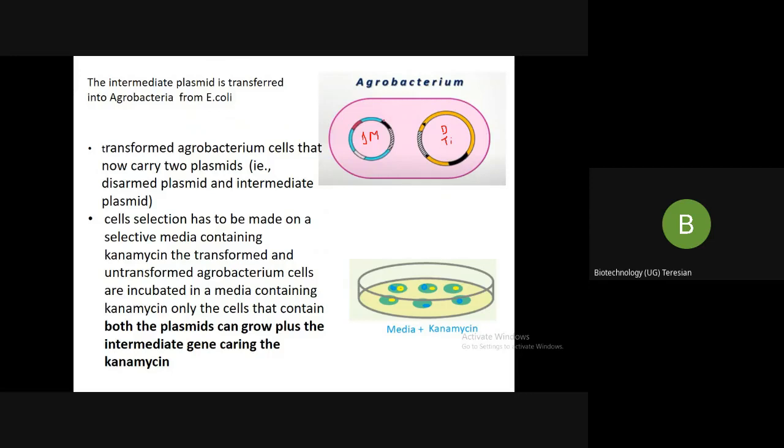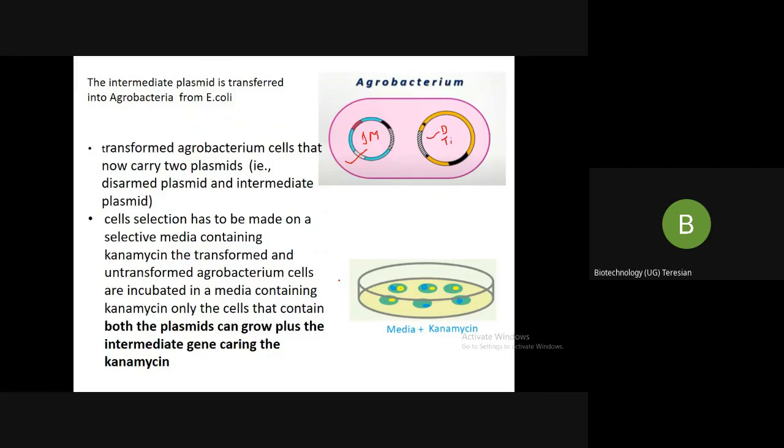Now, this bacterium, after receiving the intermediate plasmid, is known as the transformed Agrobacterium cells, which carry two plasmids, that is your disarmed plasmid and your intermediate plasmid.